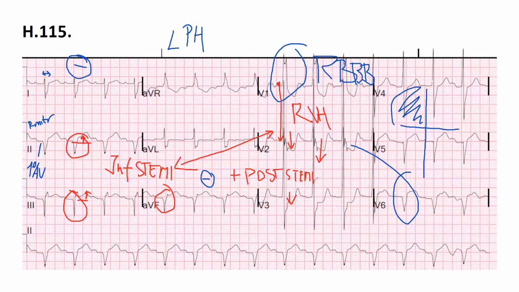And if you still have a pathological Q wave, for example, in V5, V6 as well, that can be an infero-posterior and lateral MI.